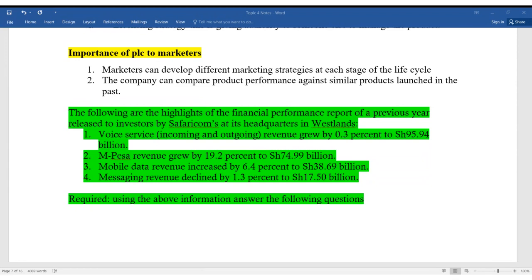So looking at this, I'm going to ask you questions. Where do we classify the following product portfolio, or the components of Safaricom products, along the PLC plane? Now, I'm starting with Derek. Derek, tell us, where do we classify voice calls on the PLC curve?